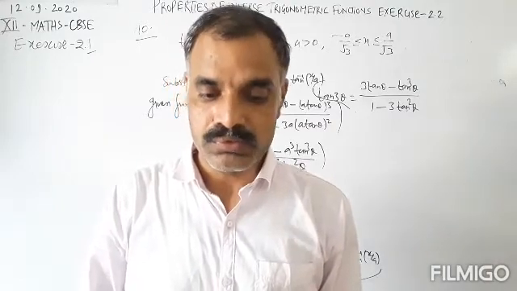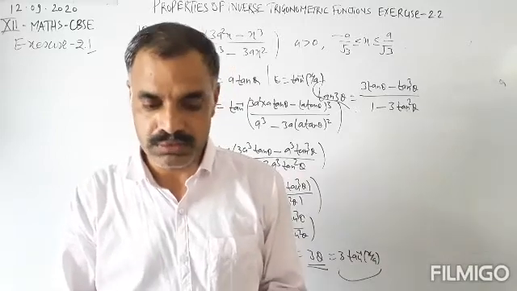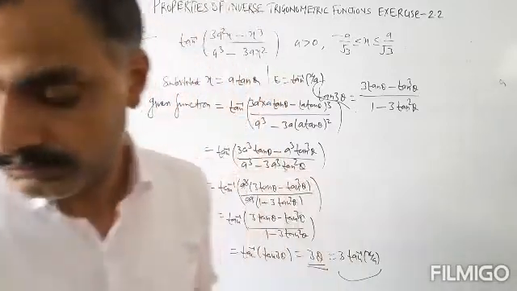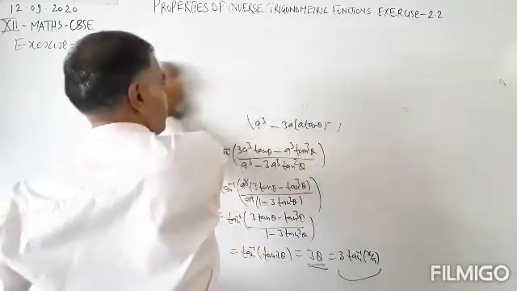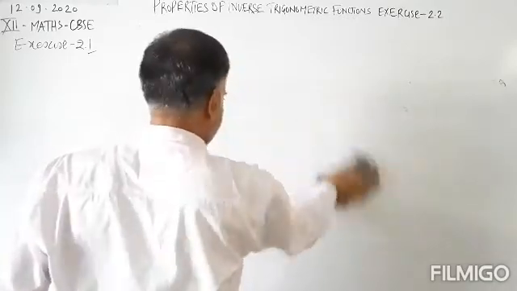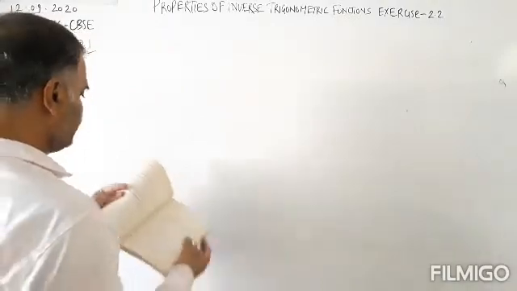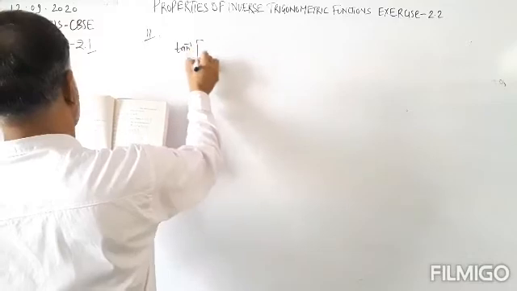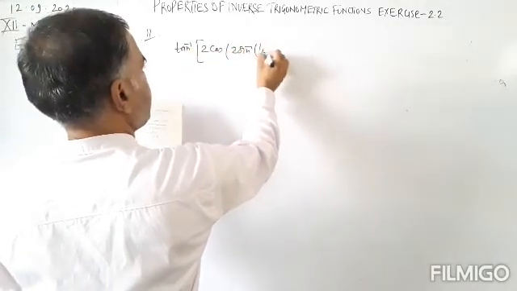Now we will solve the questions from 11 to 15. Question number 11 is given as tan inverse of 2 cos of (2 sin inverse 1/2).